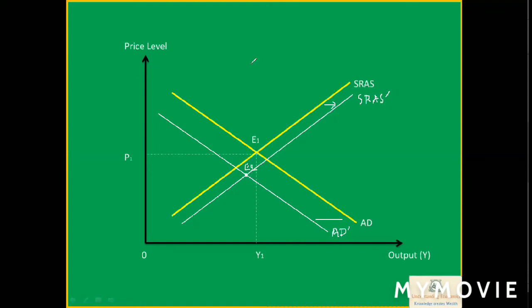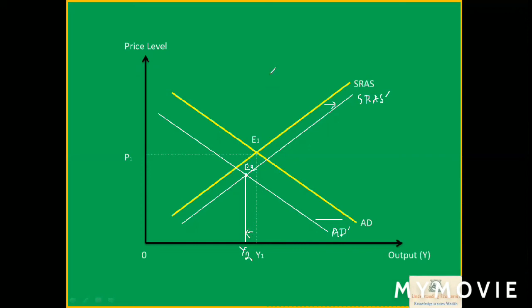At the new equilibrium, if we try to identify the equilibrium level of output, then we can see that the equilibrium level of output will be Y2, which means that the equilibrium output has dropped down.